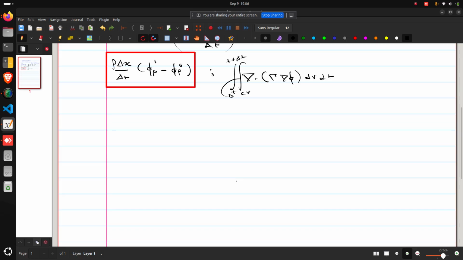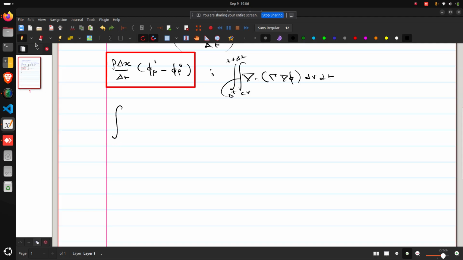Then, in our familiar mode, we apply the Gauss divergence theorem and split the integral into the summation over the different cell face values.